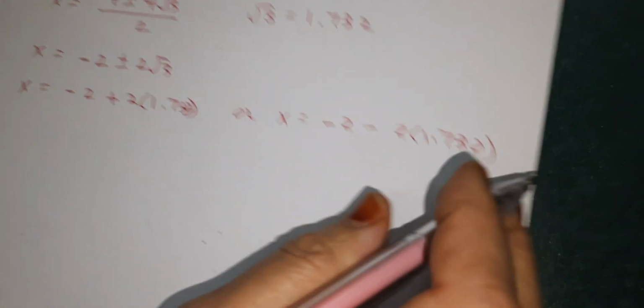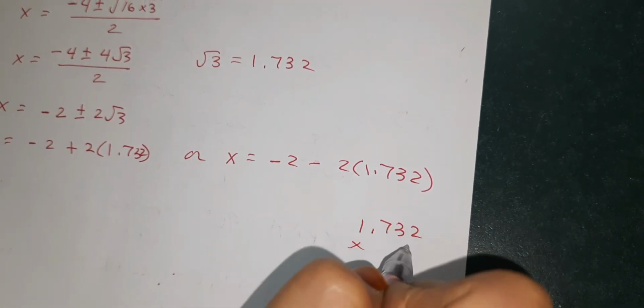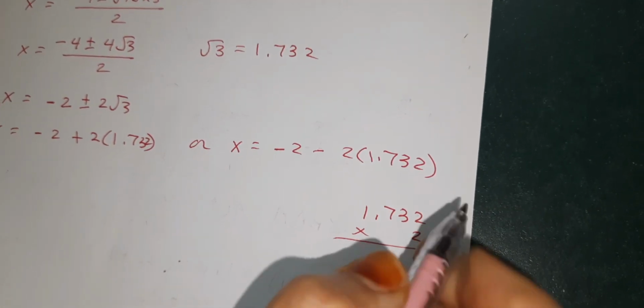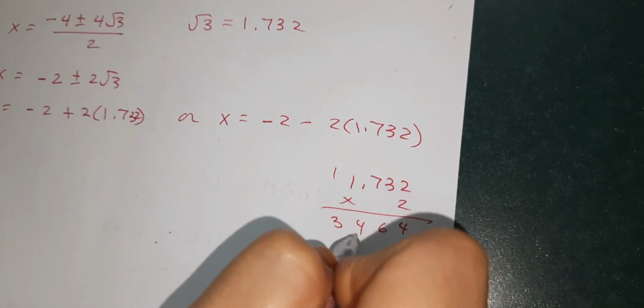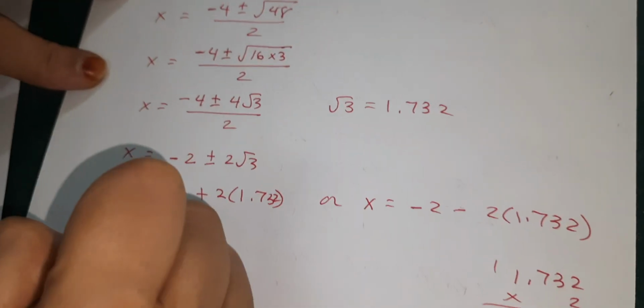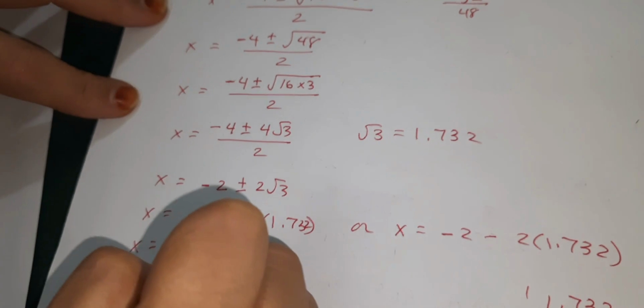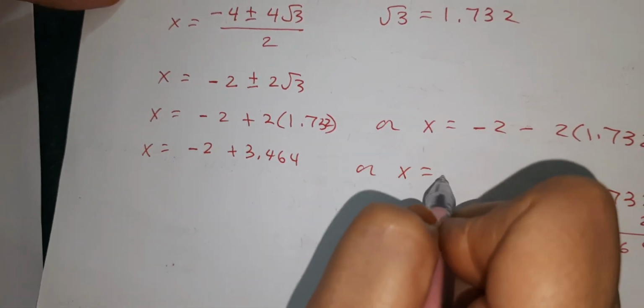So let's figure out what 2 into 1.732 is. 1.732 into 2 is 3.464. So x is equal to minus 2 plus 3.464, or x is equal to minus 2 minus 3.464.